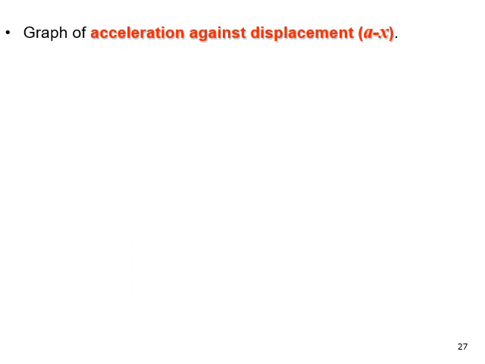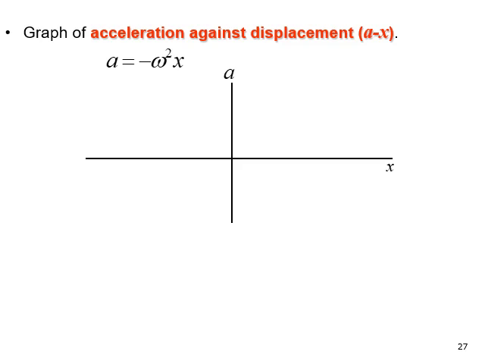For graph acceleration against displacement x, since a is equal to negative omega squared x, as we know a and x are directly proportional but always in opposite direction. So, the shape of the graph is a straight line graph, or in other words, a linear graph.